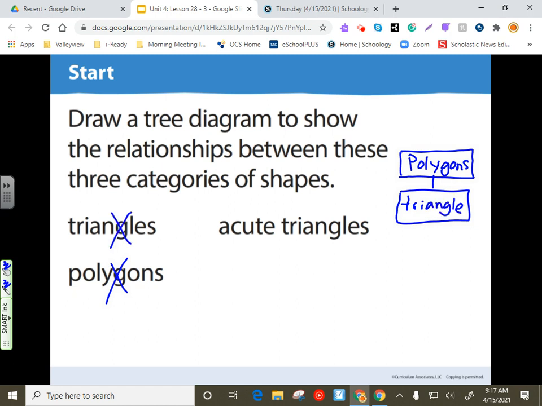And that leaves us an acute triangle. And that's very specific, as one of the angles has to be acute. And again, you go from very general and then work your way down to more specific and complex. So just a nice review of a tree diagram. And also when we talk about ranking, we can use that word hierarchy. And that's just a good word to stash away for the future.